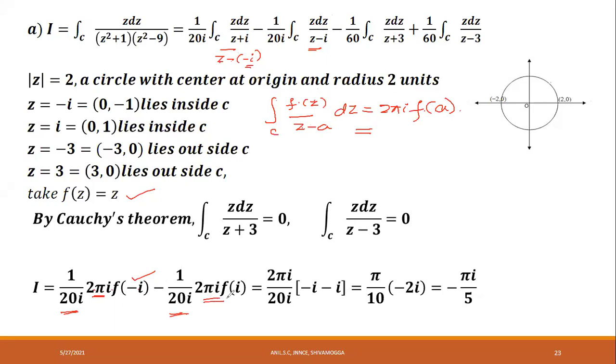This is equal to 2 pi i into f of a. In this case, a is equal to i. And the third integral is 0. The fourth integral is 0. Here 2 pi i divided by 20i is common in both the terms, so keep it outside: 2 pi i divided by 20i. What you get within the brackets is f of minus i minus f of i. What is f of minus i?